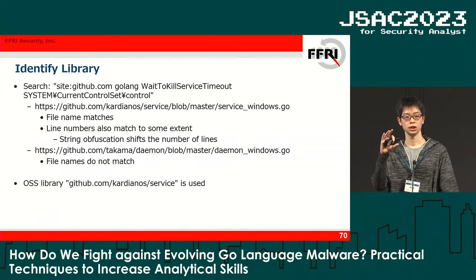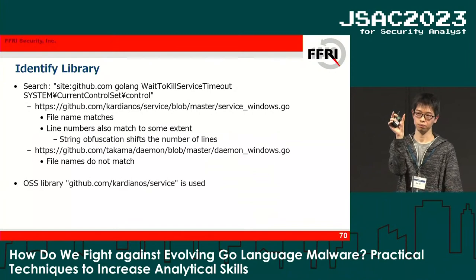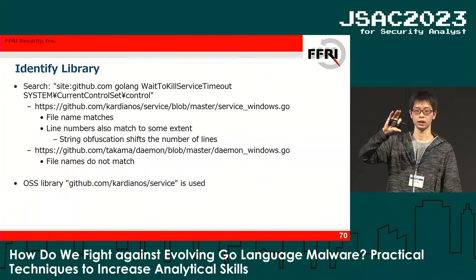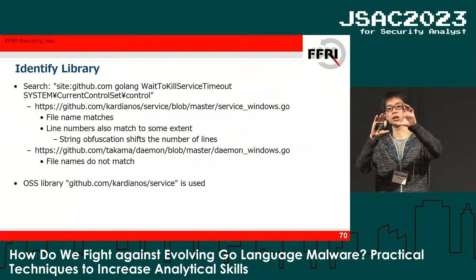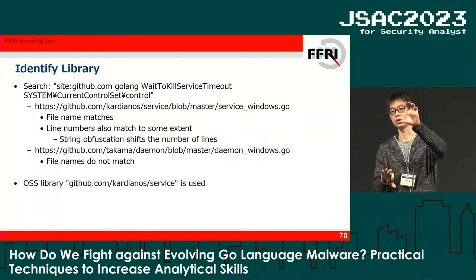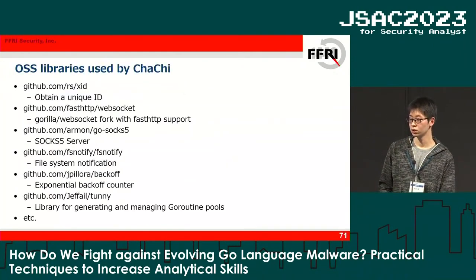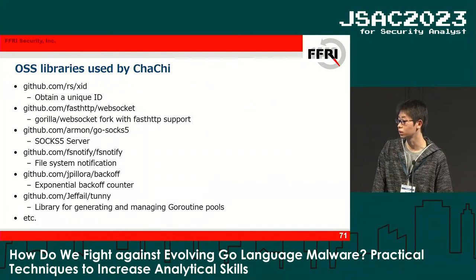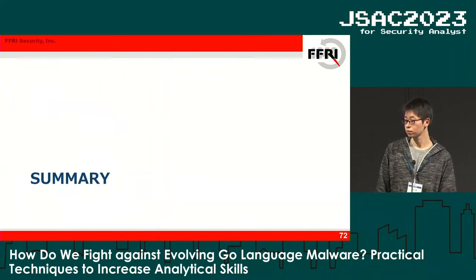But with the string obfuscation, the number of characters appeared in a number of rows and was converted to an anonymous string, so you get deviation in these strings. We identified the OSS libraries and others too, so let me share this with you since it may be useful.